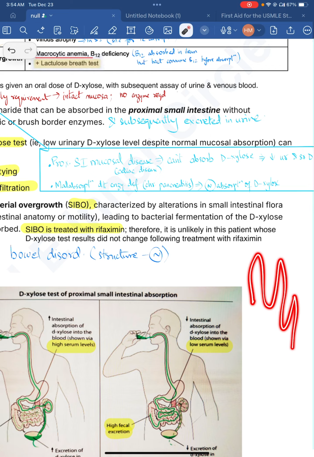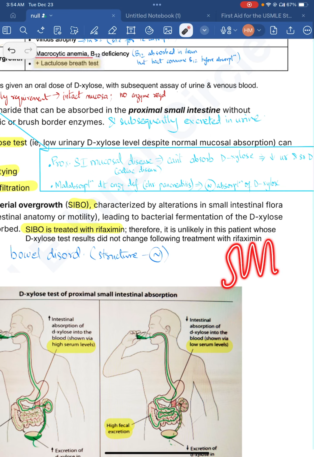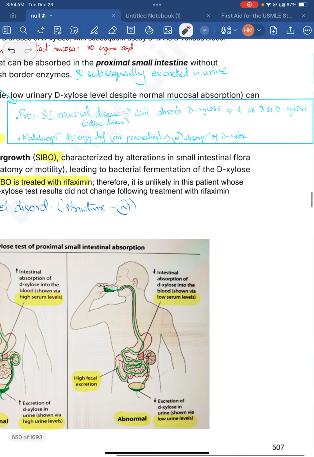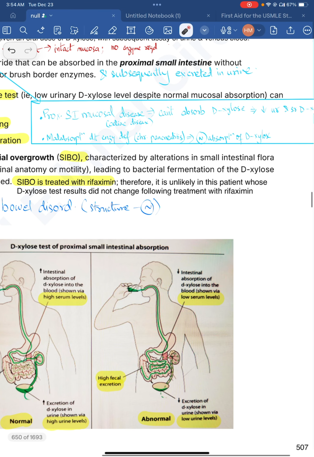So your small intestine has villi. Villi are finger-like projections. So when this happens, this can't absorb D-xylose, which will result in decreased urine and serum levels of D-xylose as we had just discussed. But if the malabsorption is due to enzyme deficiency, like pancreatitis, you have lipase deficiency, and in addition to that, other enzymes are also deficient.